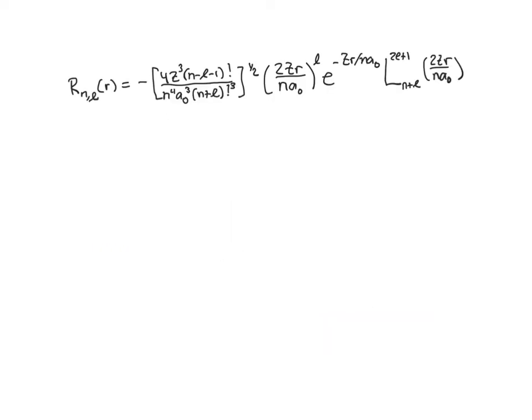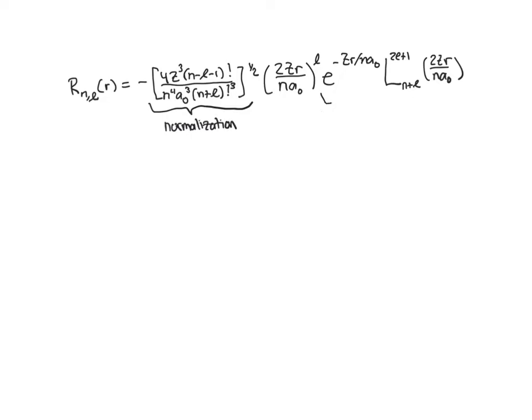So that's a big, ugly looking equation, but if we think through this a little bit, we can digest this a little bit better. So this whole thing right here is just my normalization constant. This is just the thing that ensures that my functions are normalized.